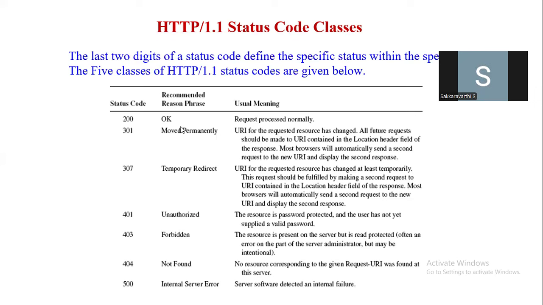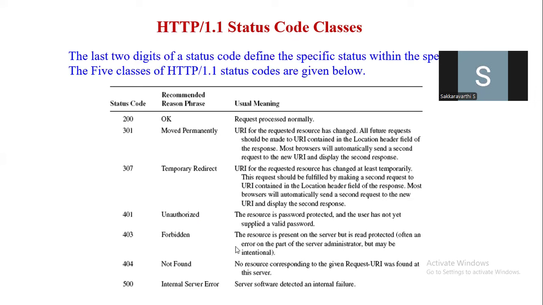the status is OK. Like that, suppose I want to access the payment section of a particular application, we have to enter the username and password. Suppose the password is not correct, at that time it shows unauthorized, which is used for authentication purposes.